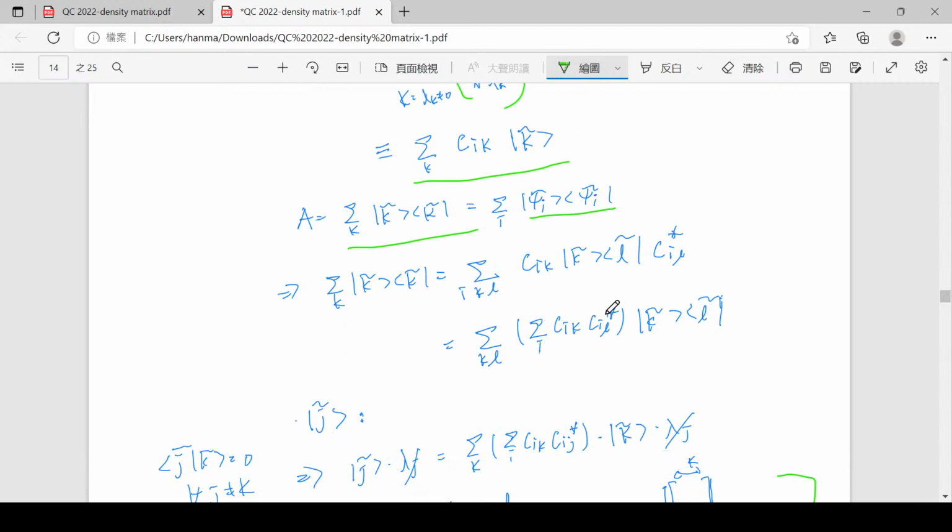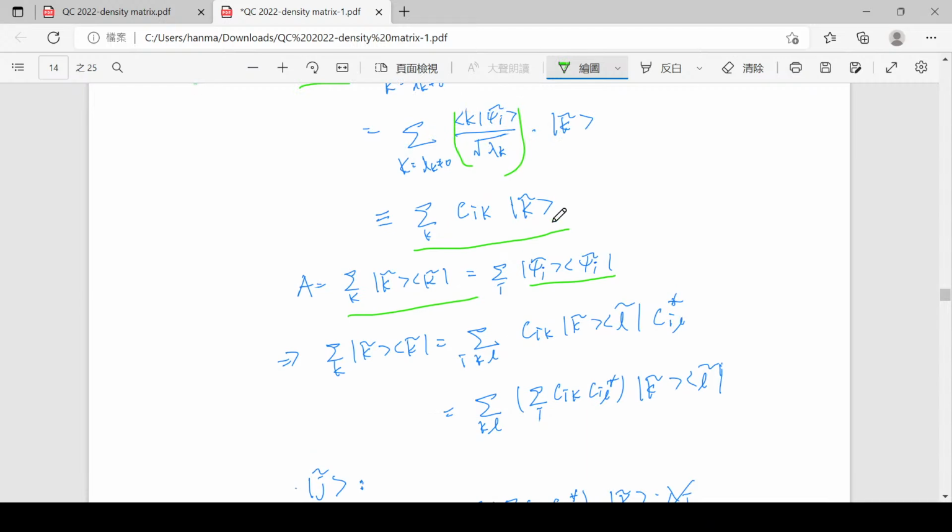Then we get some equation on those Cik and those CIL star, because there are two psi, so there are two indices.